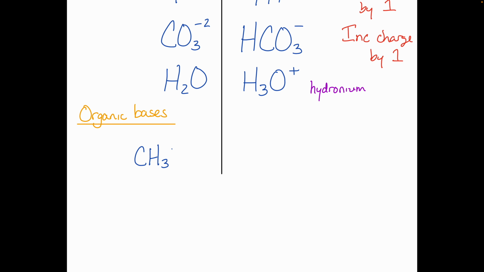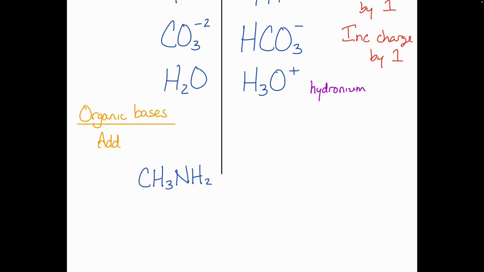CH3NH2. Again, now we have multiple groups of hydrogens. Where are we supposed to be adding to? These organic bases always have a very similar structural feature, which is that nitrogen atom. Nitrogen, it just turns out, plays the role of a base very often.